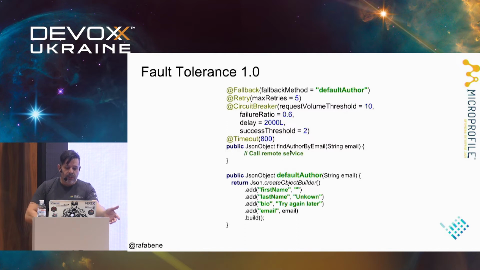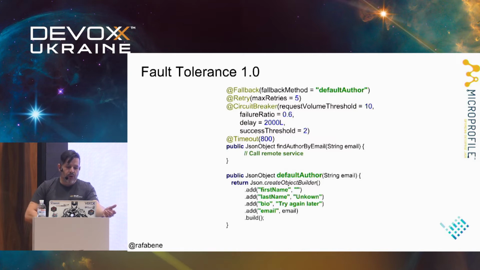For example, if you try to find the author by email, you will call the remote service. If there is an exception coming from the remote service, you can fall back to the default author. So you can create a JSON object that will return the default author. Of course, that depends on the business scenario, but you can create different fallbacks.